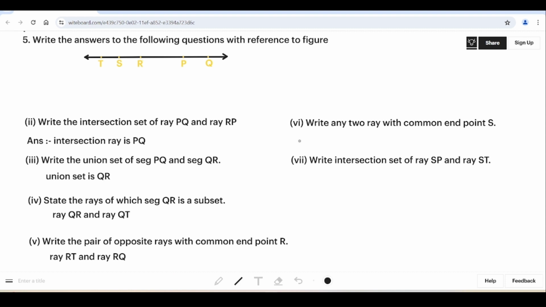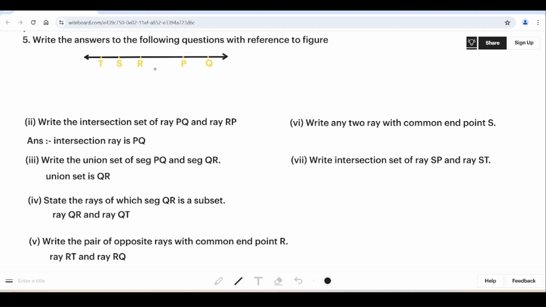Now next question of the figure is: write any two rays with the common endpoint S. Now we want to write rays with common endpoint S. Now see, here we have the point S. So the rays that can have S as an endpoint are SR, SP, SQ, ST. As the last question was only about opposite rays, meaning those in opposite directions, but here we can give any two rays.